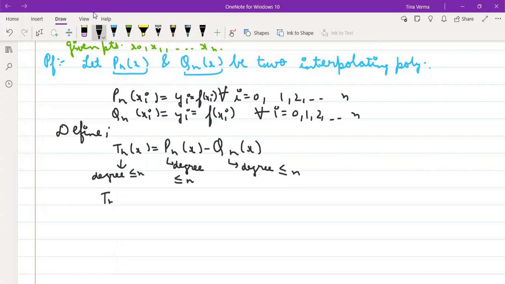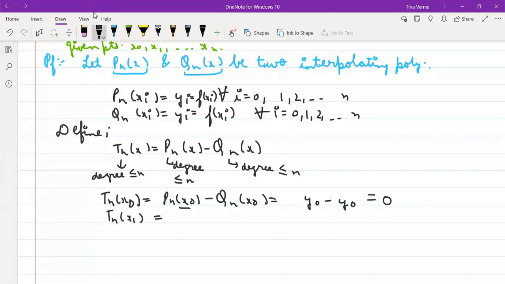बट इफ यू चेक Tn(x0), Tn(x0) क्या होगा आपका फंक्शन, Pn(x0) माइनस Qn(x0). नोडल पॉइंट पे पॉलिनोमियल की वैल्यू क्या है, y0. Q भी वैल्यू क्या देगा, y0. तो क्या आएगा आंसर, 0.